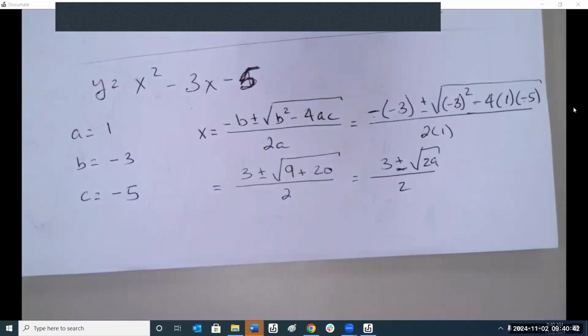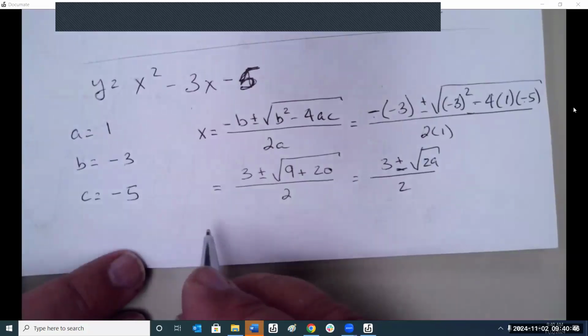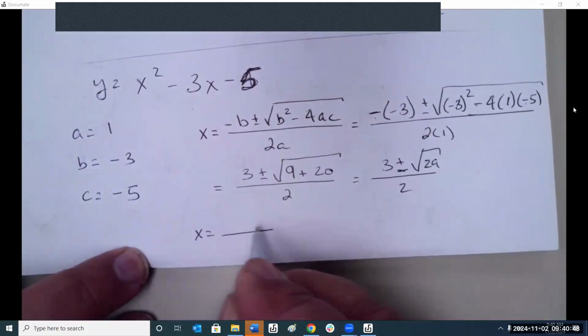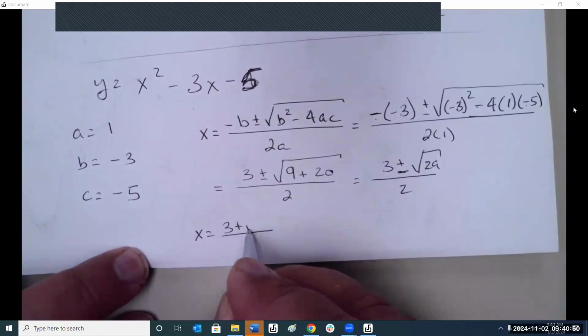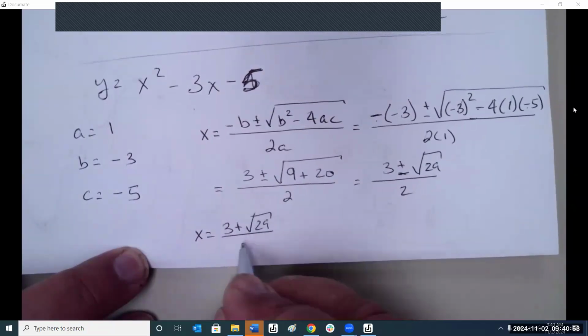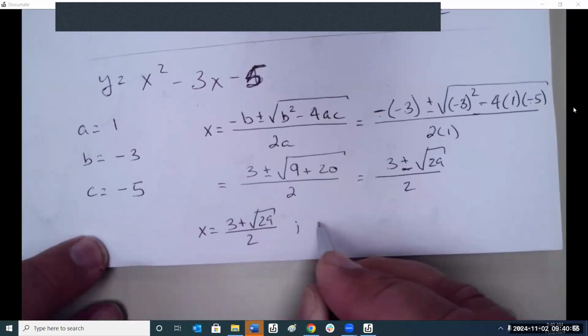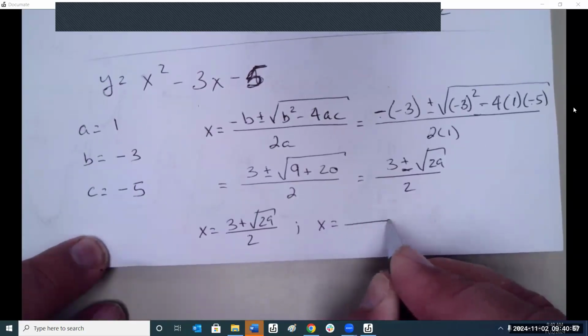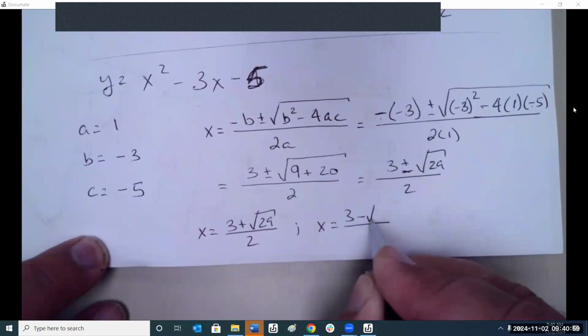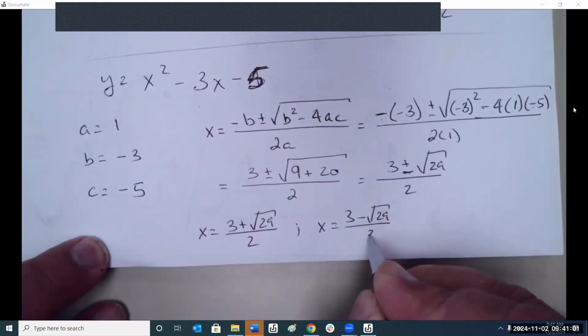So what are my x-intercepts? My x-intercepts are x equals 3 plus square root of 29 over 2, and x equals 3 minus square root of 29 over 2.